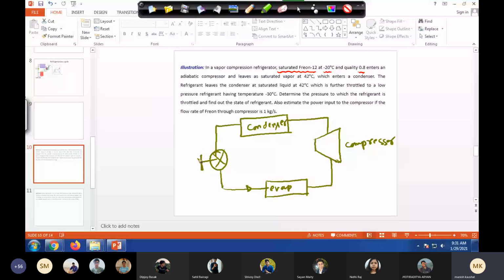What it's saying is that saturated Freon at minus 20 degrees Celsius and quality 0.8 enters an adiabatic compressor. So that Q is 0.